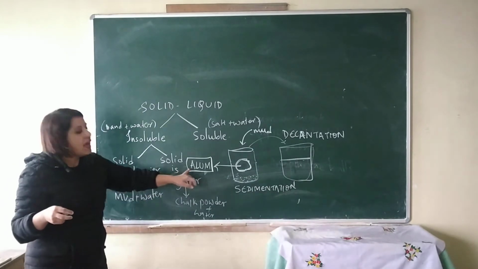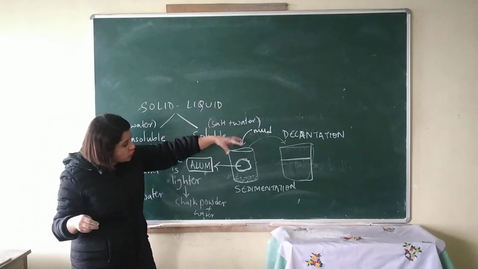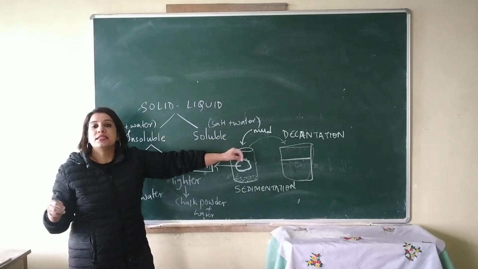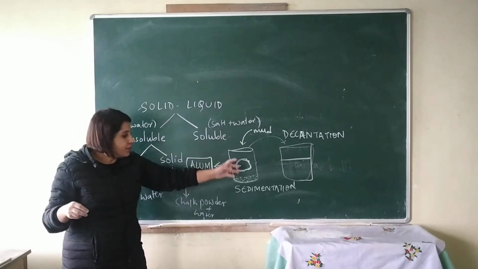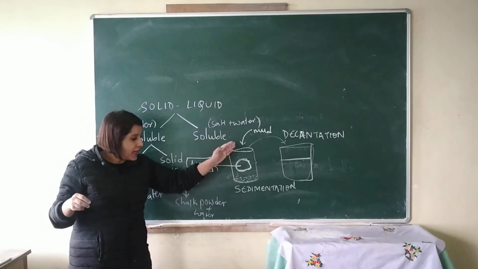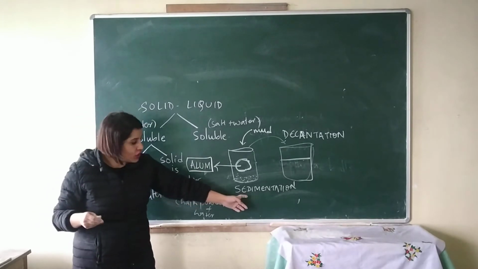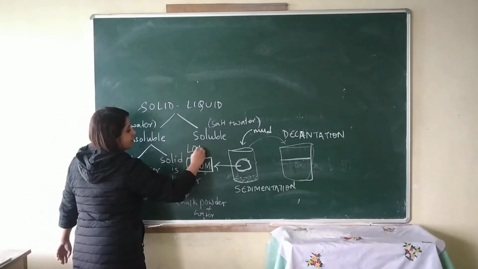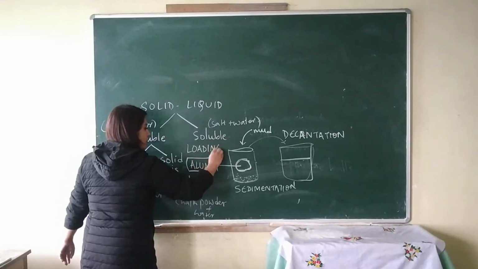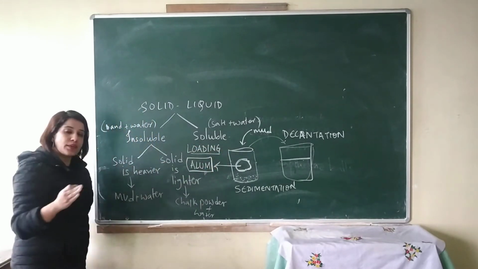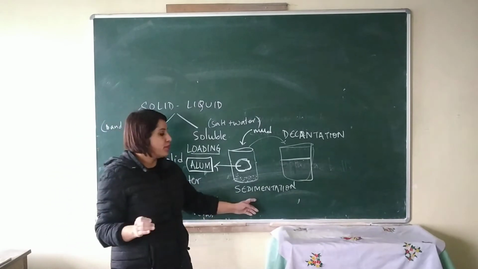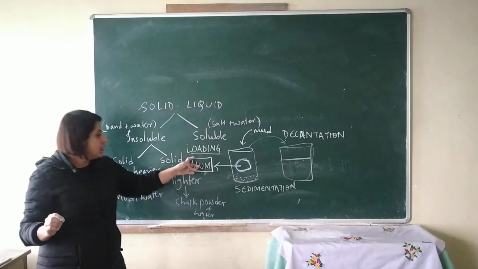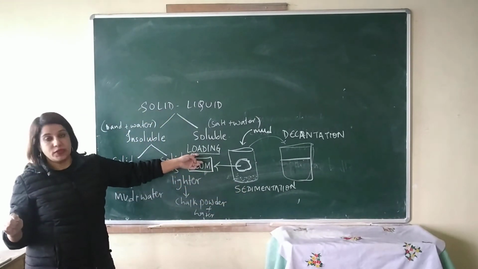So that is called alum. So the alum is dropped inside the tank. This alum helps in speeding up the process of sedimentation, and this is known as loading. So, if any substance is used to speed up the process of sedimentation, it is known as loading.